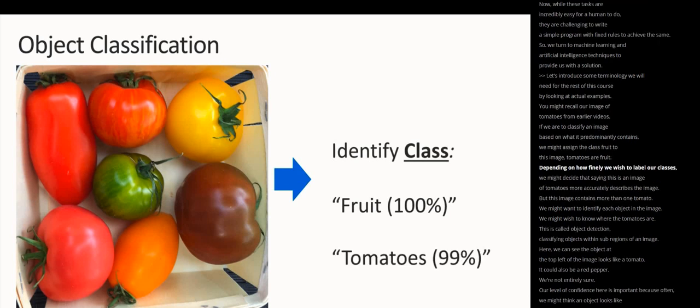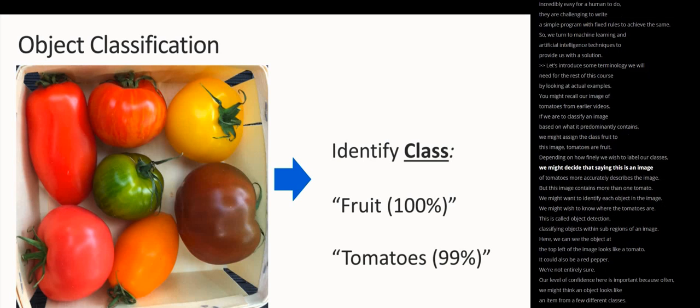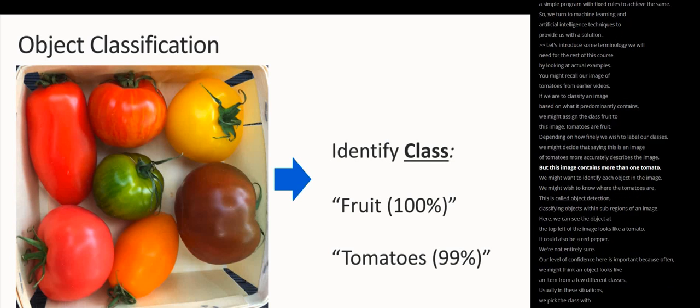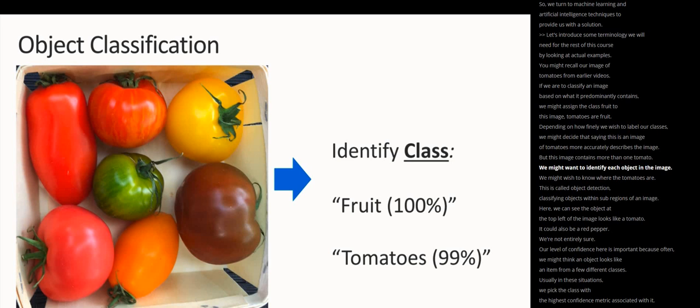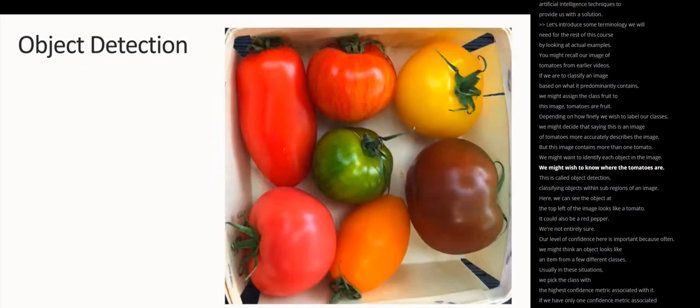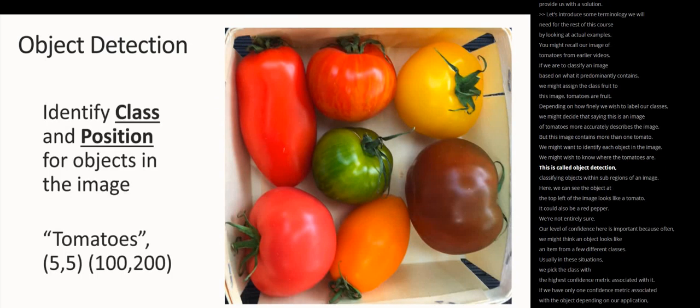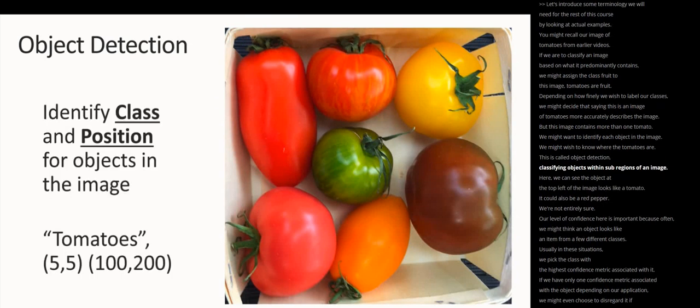Depending on how finely we wish to label our classes, we might decide that saying this is an image of tomatoes more accurately describes the image. But this image contains more than one tomato. We might want to identify each object in the image. We might wish to know where the tomatoes are. This is called object detection, classifying objects within subregions of an image.